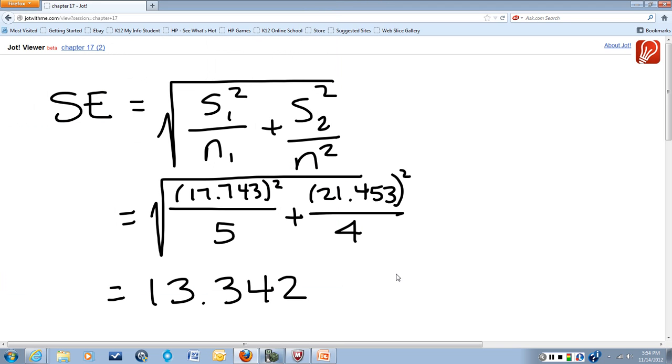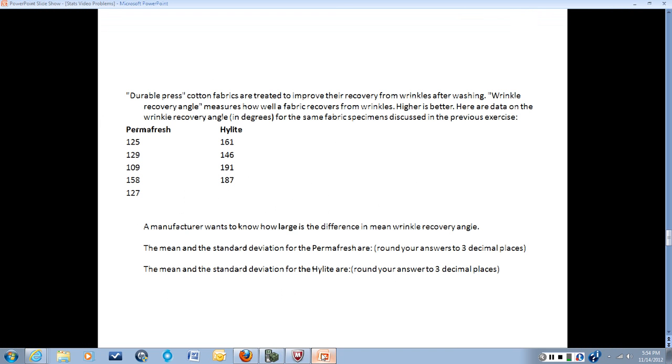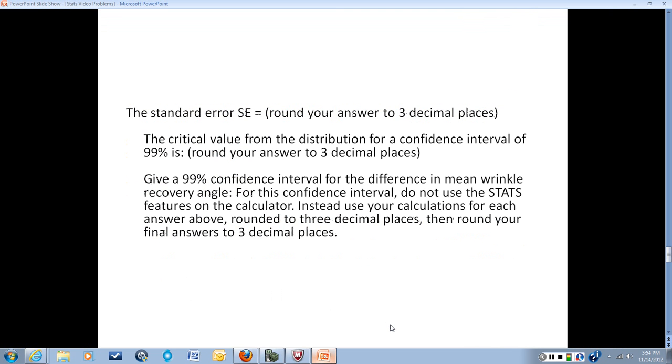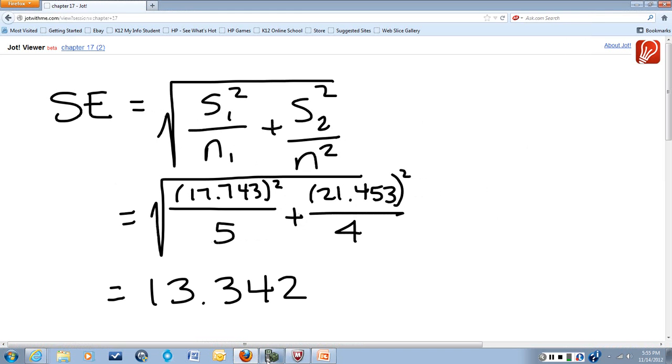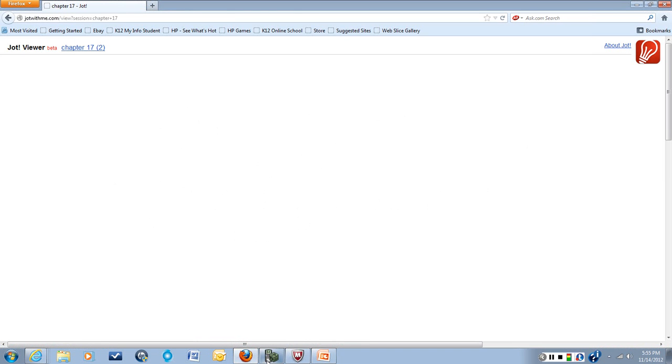The next thing that it's asking me to find, we go back to the problem and we can see the next thing, now that we've found the standard error, is the critical value for a confidence interval of 99%. So to do that, I'm going to go to my calculator. So I'm looking for T star for 99%.